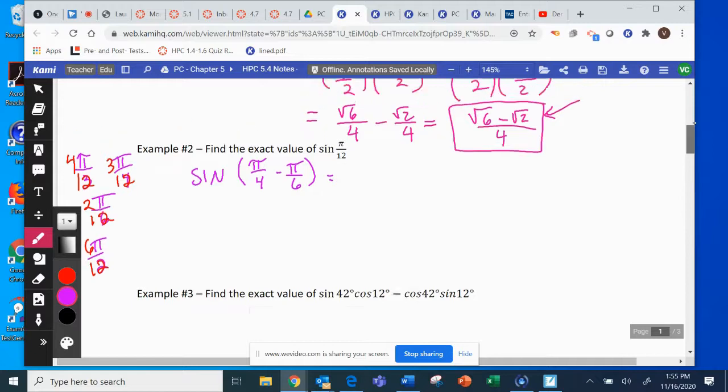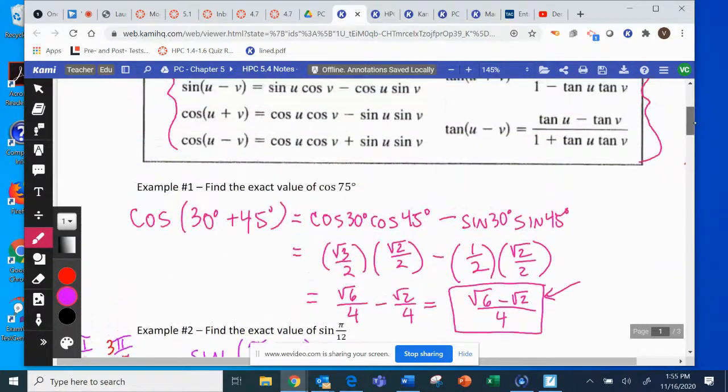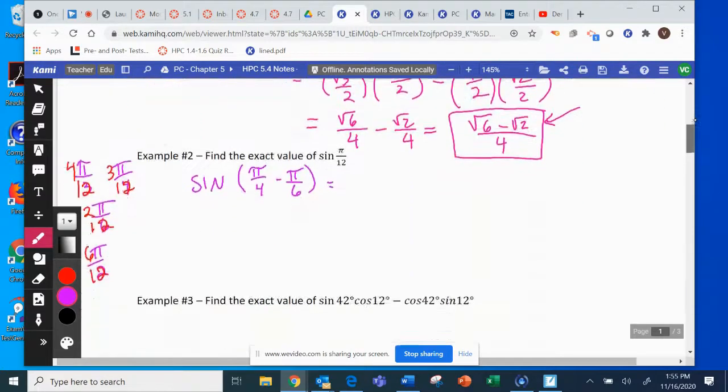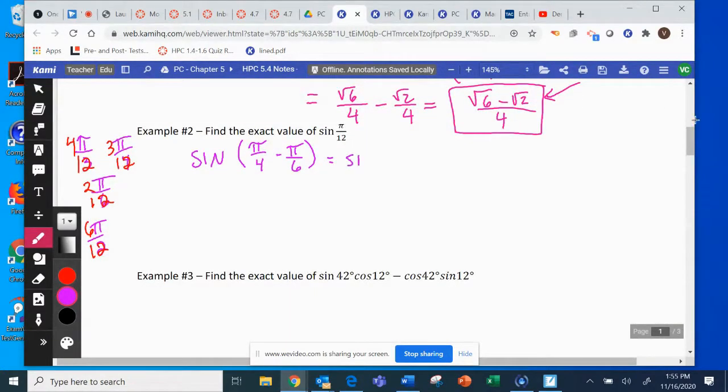So we need our formula, which you guys derived. And it says to do sine u cosine v minus cosine u sine v. So I'm going to have sine pi over 4 cosine pi over 6 minus cosine pi over 4 sine pi over 6.